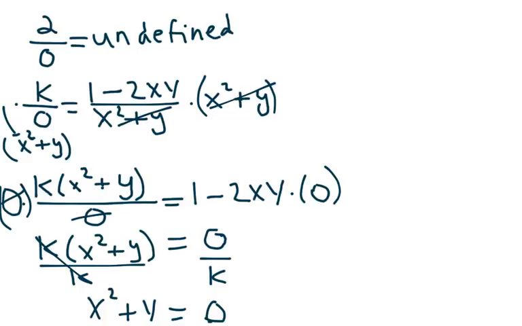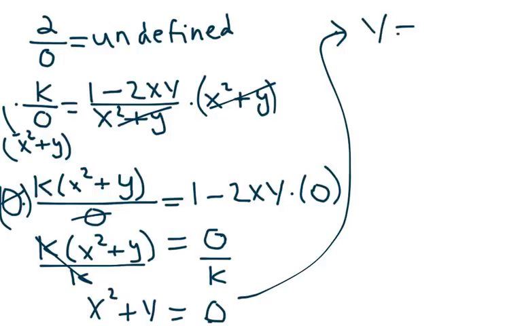Now simply what we're going to do is subtract x squared from both sides. Sorry, I'm having less space. So we get y equals negative x squared.